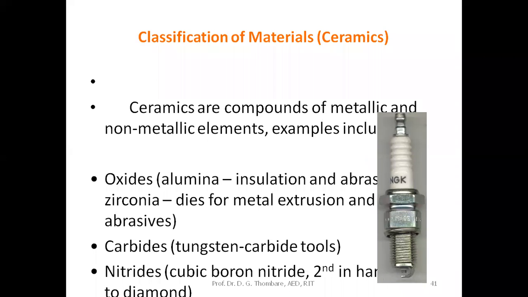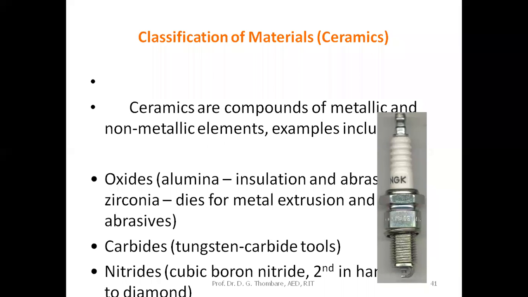The next category of material is ceramics. Ceramics are brittle materials. They are non-metallic, but they do have very high capacity to withstand temperatures. There are tools made up of carbide or nitride, which are used as cutting tools. There are certain ceramics which are used to make components which are required to withstand very high temperature.